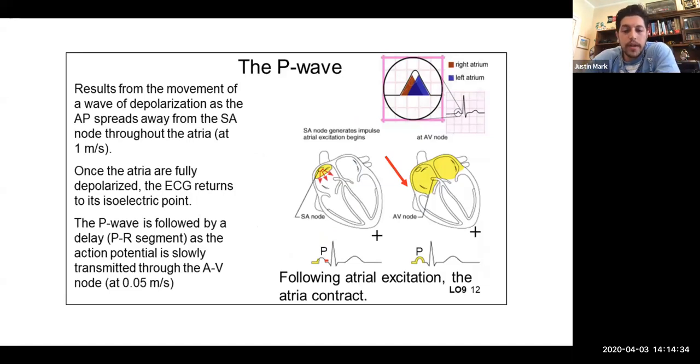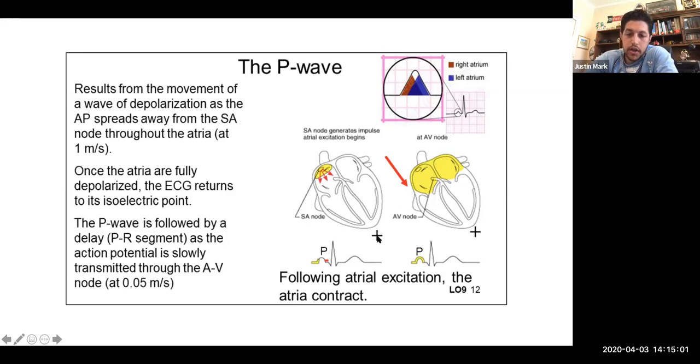You guys probably know that the P wave represents atrial depolarization, okay? Very basic. The direction of the P wave is such that, number one, it's going to include both the right atrium and the left atrium. That's why we get this little characteristic shape here. Of course, the right atrium is going to be stimulated first, and then the left atrium after that.